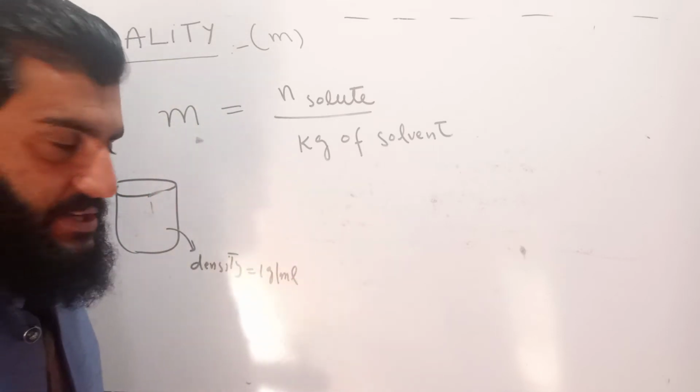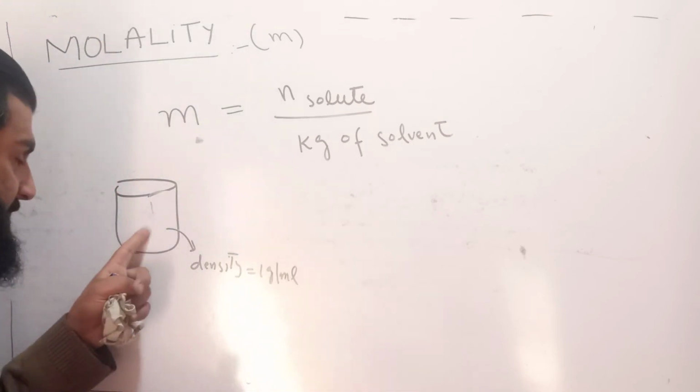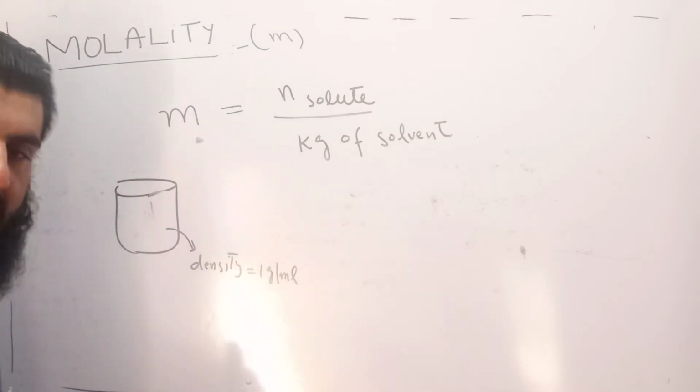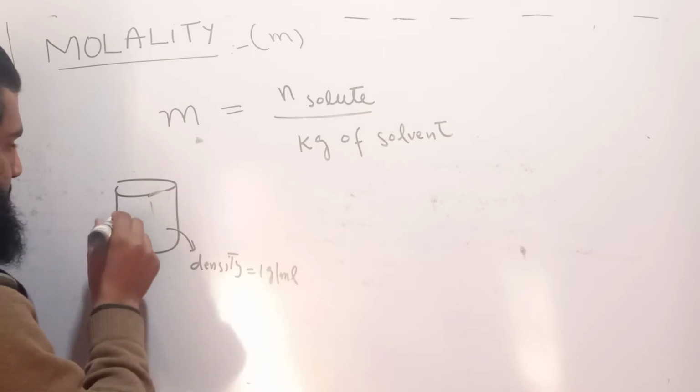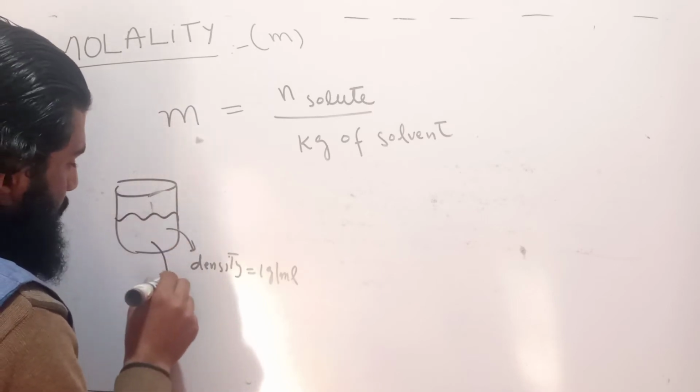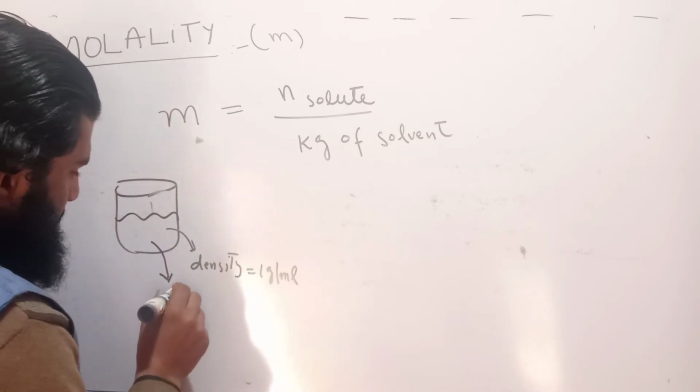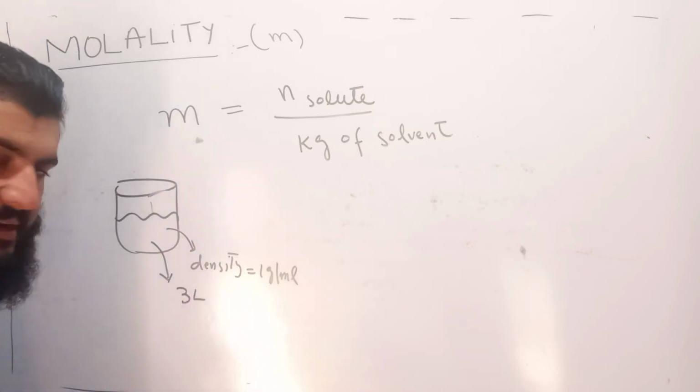The question is that the density of the solvent is 1 gram per ml, and volume is 3 liter. Clear?